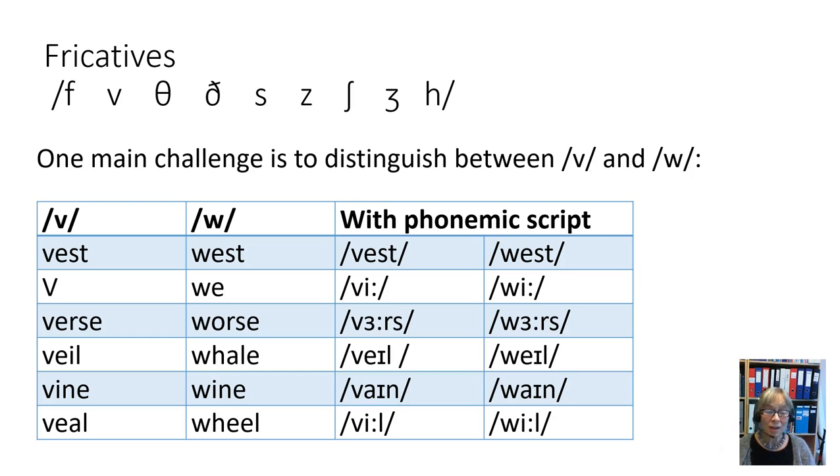There is a difference between vest and west, vee and we, verse and worse, veil and whale, vine and wine, veal and wheel. A veil is something you can wear in front of your face to hide. A vine is where grapes grow. You can see how these are different phonemes in English because exchanging one for the other brings or can bring about a change in meaning.